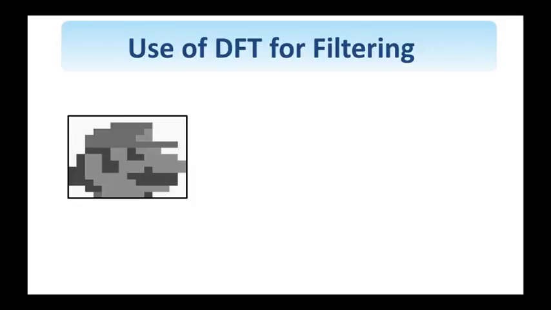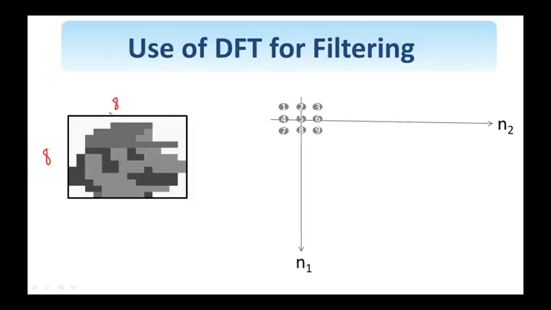Let's recap what we've learned so far, and I also want to make an additional point. So we're given this 8 by 8 image, and we want to convolve it with a system that has this 3x3 impulse response. First of all, we know that the result of the convolution is going to be a signal that is going to have 8 plus 3 minus 1 equals 10 in the n1 direction and 10 in the n2 direction.